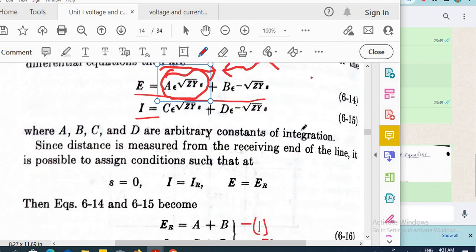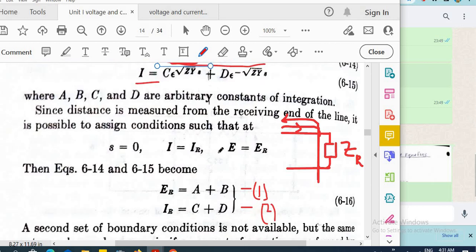Let us see, we have a transmission line terminated by some load, which I am calling ZR. At this load end, when the voltage comes here, part of the voltage gets reflected back. At the load end, reflection coefficient means reflected by incident.